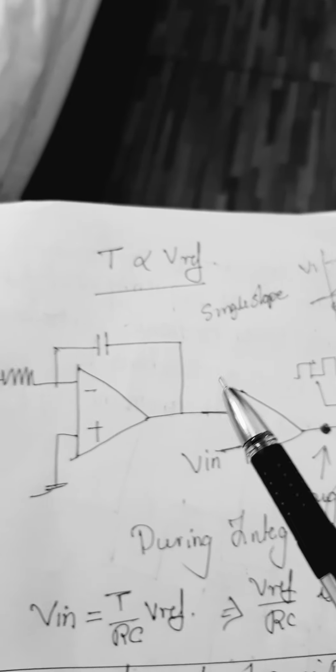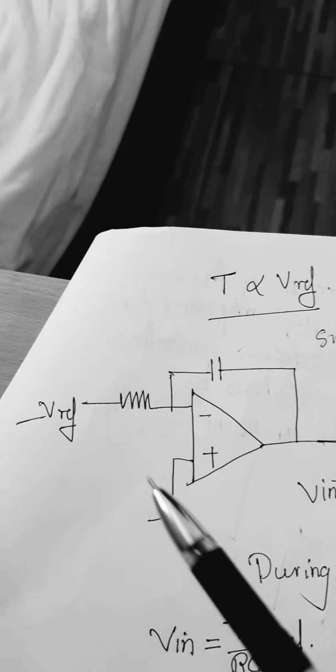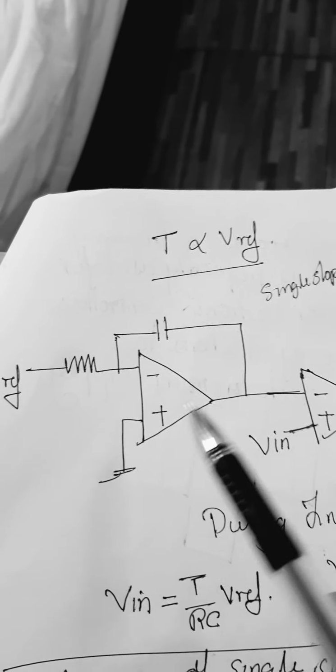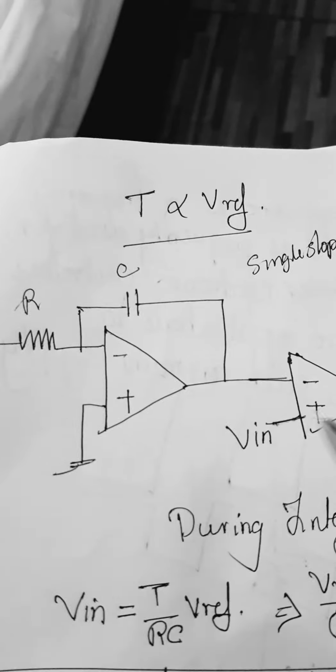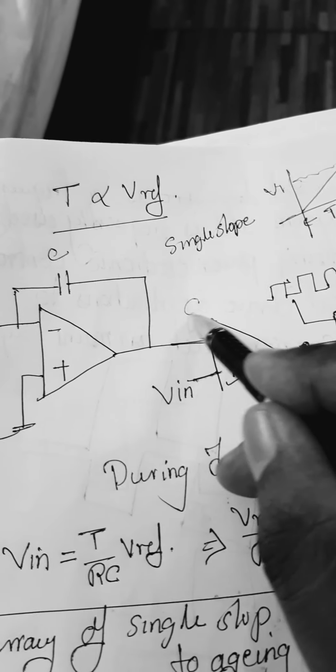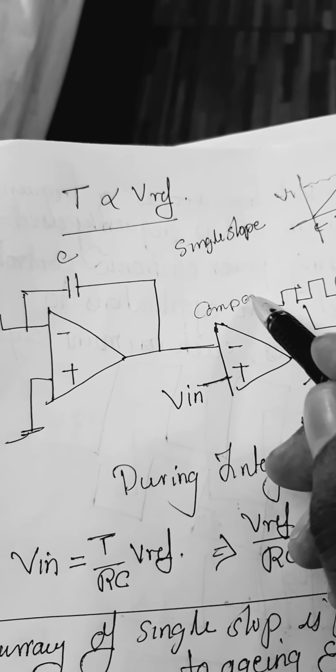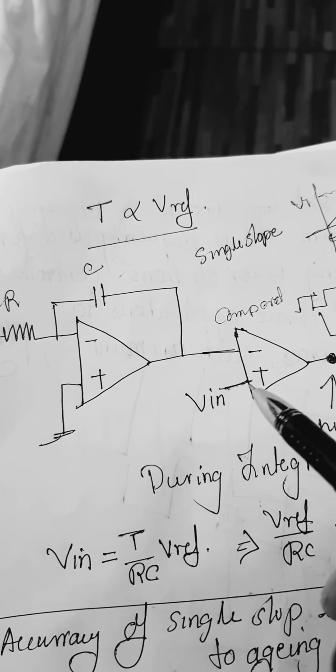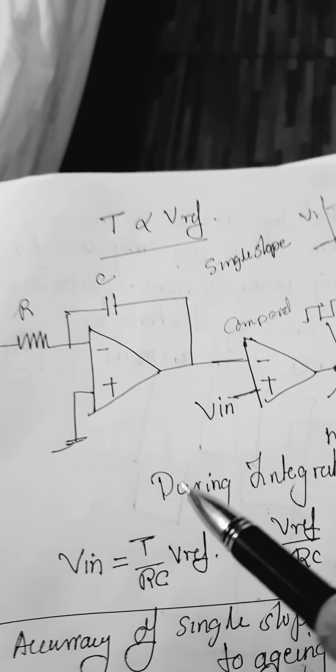Working of a single slope ADC, and after that we'll see a dual slope ADC. In a single slope ADC, minus V reference is given to the integrator, which has resistor R and C. The output of this integrator is connected to a comparator whose negative terminal is connected to the output of the integrator, and positive terminal is connected to your input.